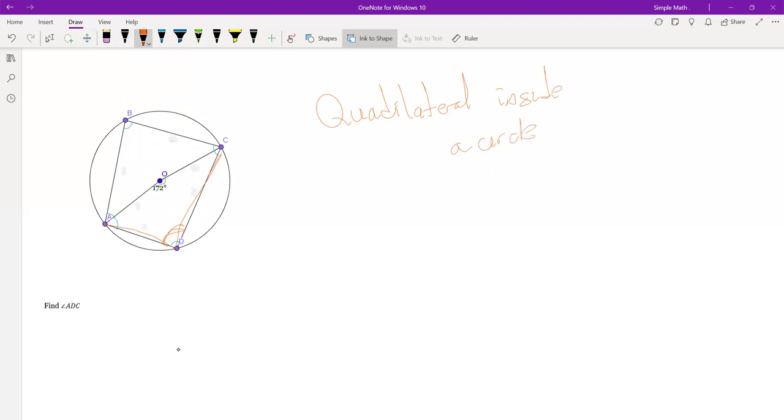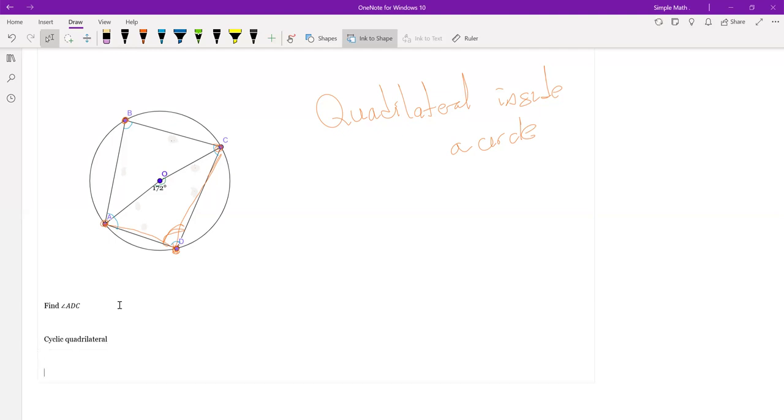And not just that, the vertices of the quadrilateral are touching the circumference of the circle. So this is what we call a cyclic quadrilateral.